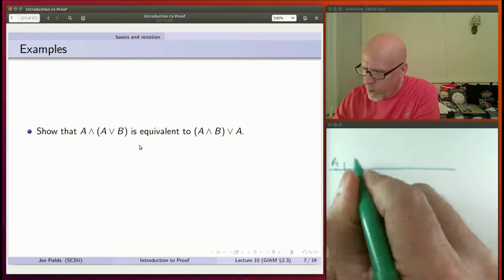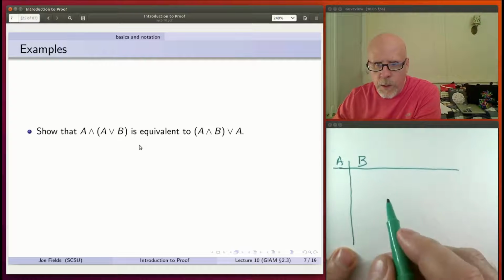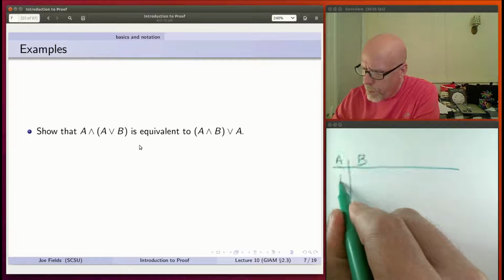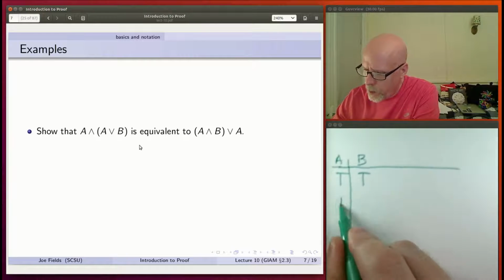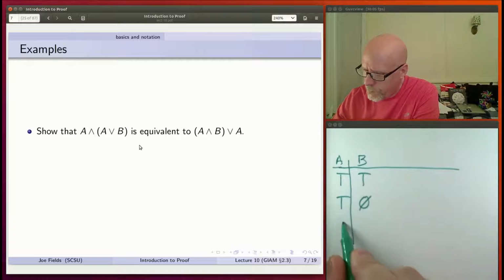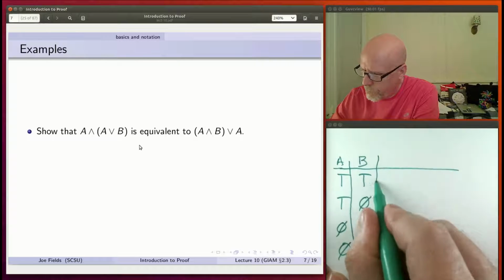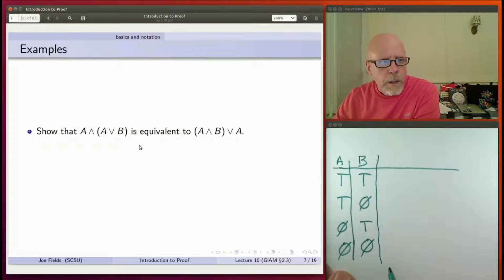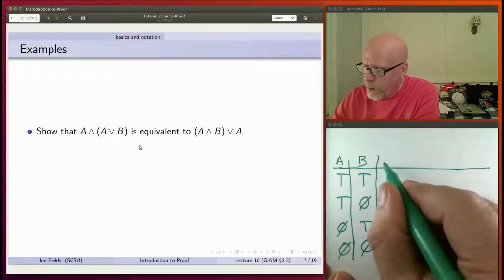So of A and B, columns for the two of those, with the usual patterns of trues and falses. Let's copy in the headings for the two columns that we're going to want for the two statements we've got.